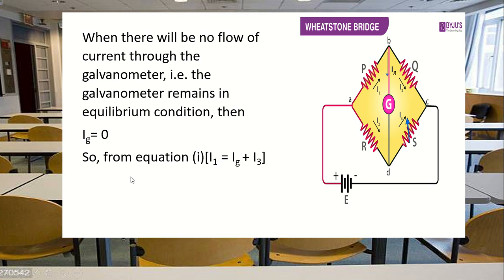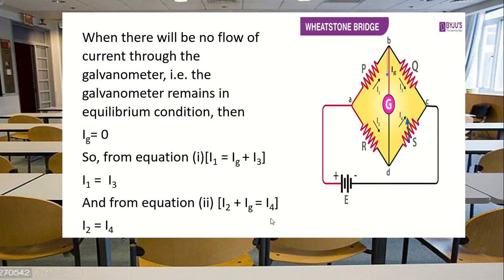Since Ig equal to 0, that means I1 equal to I3. And from equation 2, at the junction D when we apply Kirchhoff's current law, I2 and Ig are incoming currents and I4 is the outgoing current. So if Ig equal to 0, then I2 equal to I4.